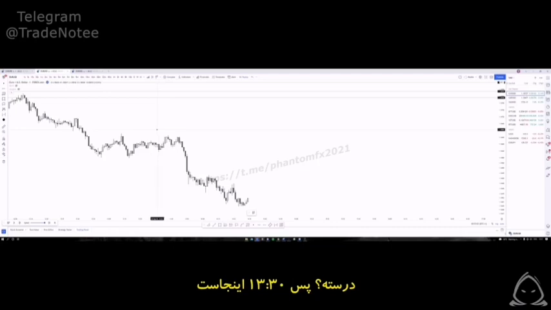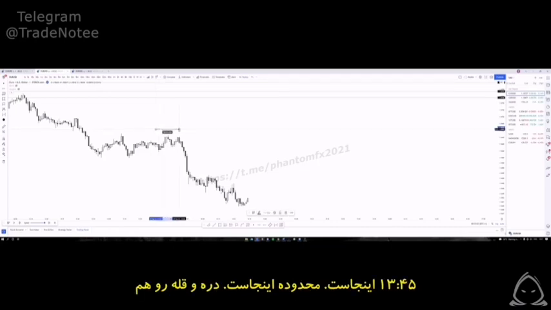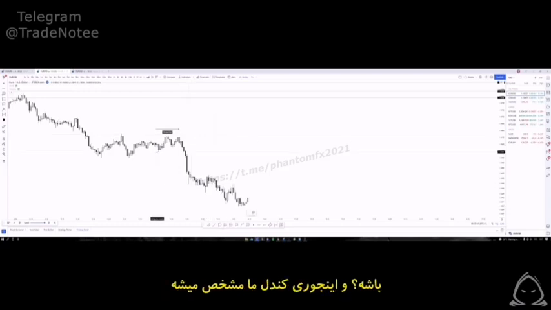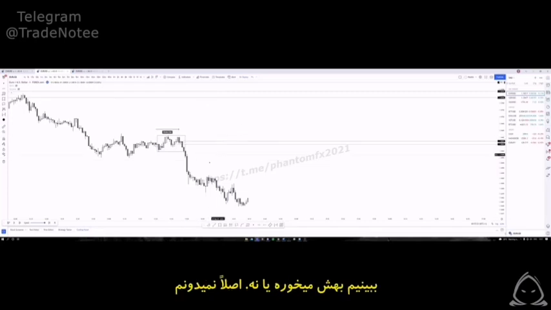So we have 13:30 here, 13:45 here. That's our range, the high and low of that range again, and that gives us our candle. This is the low, this is the high. Here we go, there's our 1M candle. Let's see if it hits it.